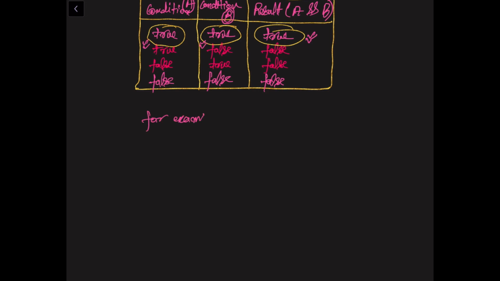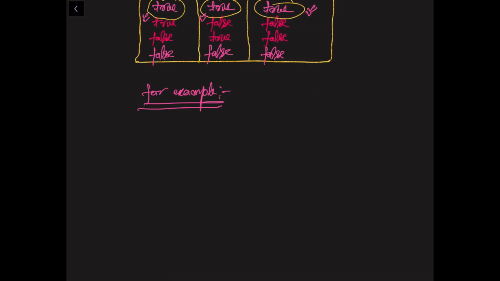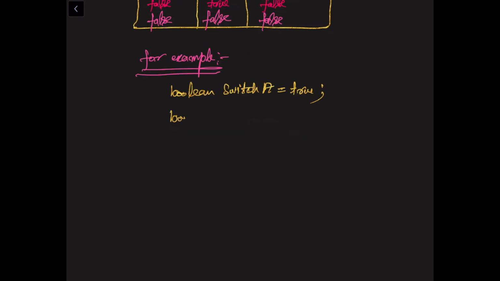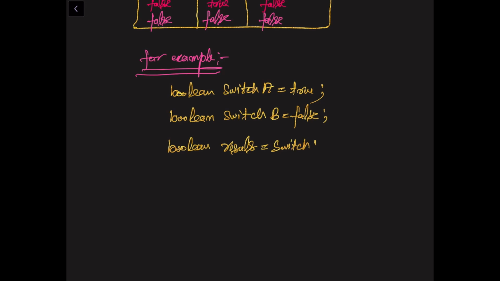For example, boolean switchA is equal to true, and boolean switchB is equal to false. Boolean result is equal to switchA AND switchB. And one thing you can note here, the result will also be boolean type.